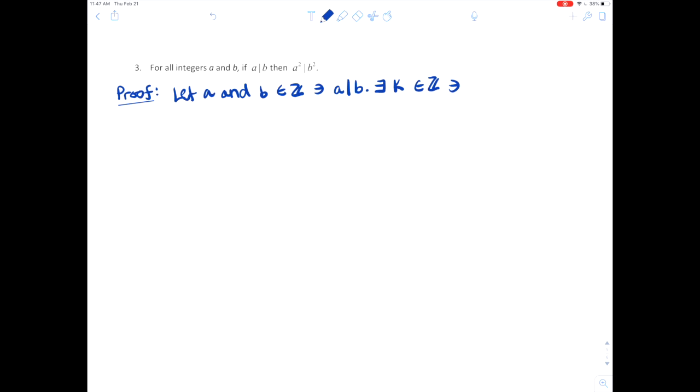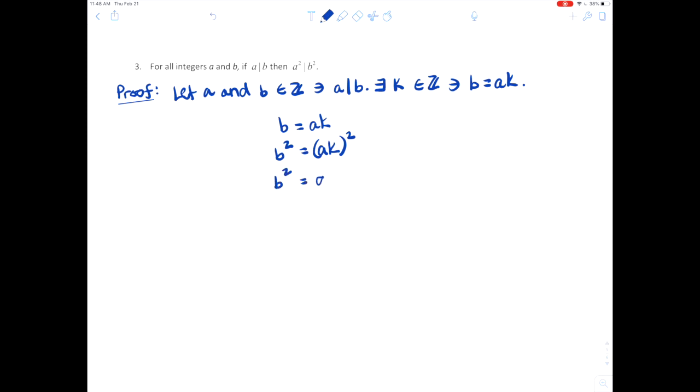And it's going to have to make b equal to a times k. Groovy? All right. So b equals a times k. Well, if you square them, what will we have? b squared would equal a times k, the quantity squared. And by properties of integers, that would be b squared is equal to a squared times k squared.